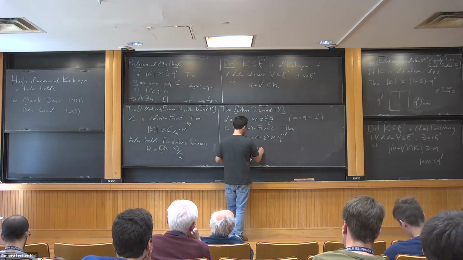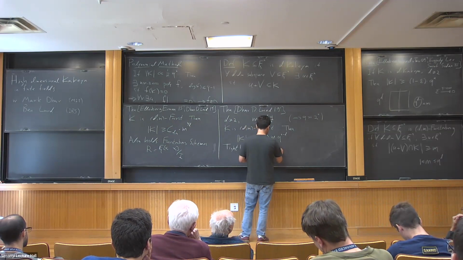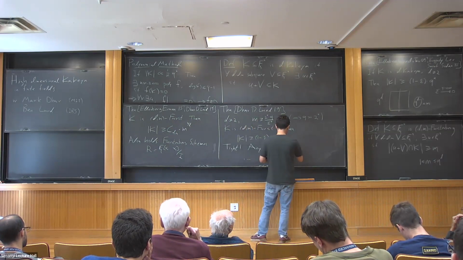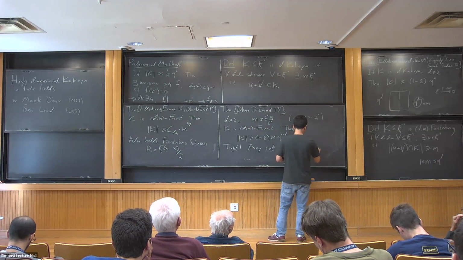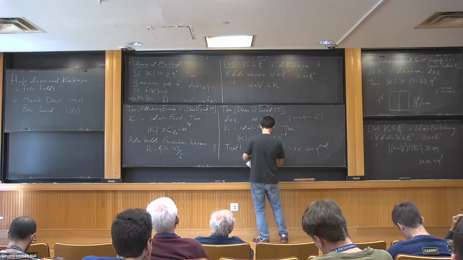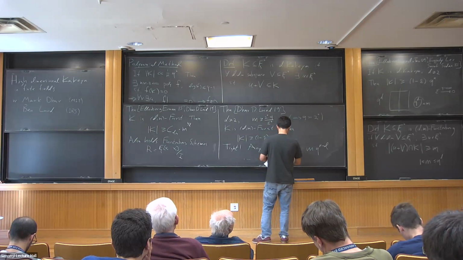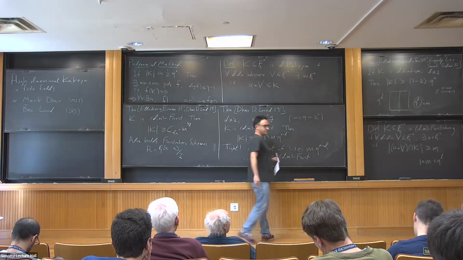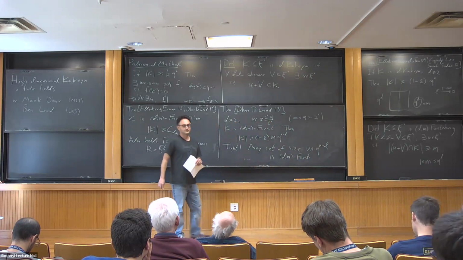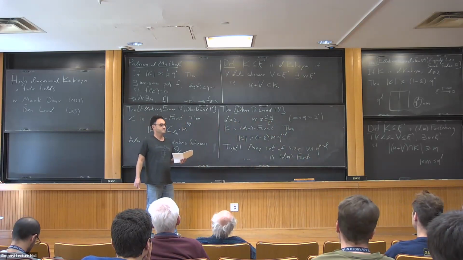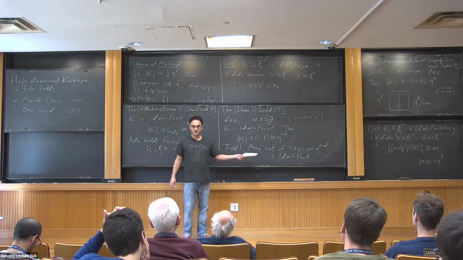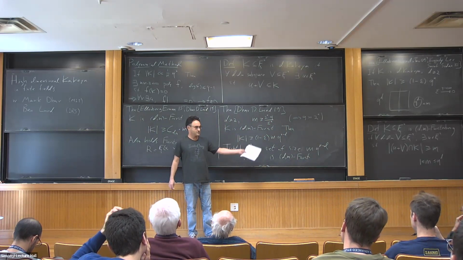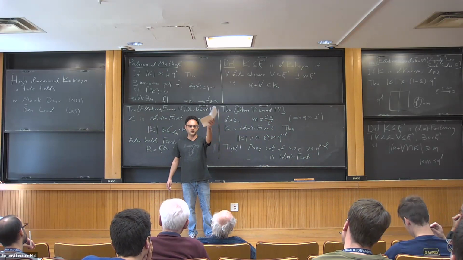Any set of size m q to the n minus d is an m-Furstenberg set. By the pigeonhole argument, for every direction, take a subspace in the direction and look at all of its shifts.